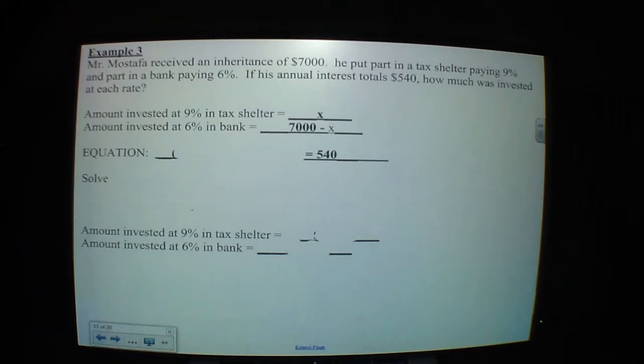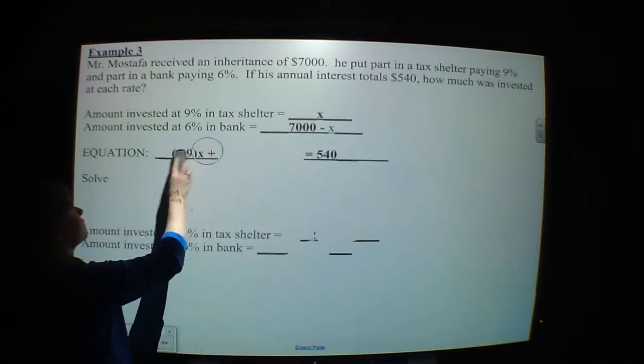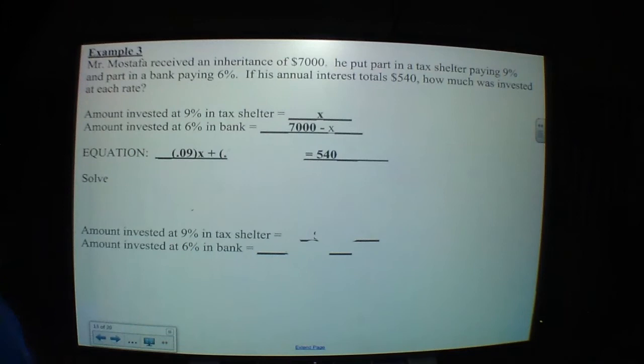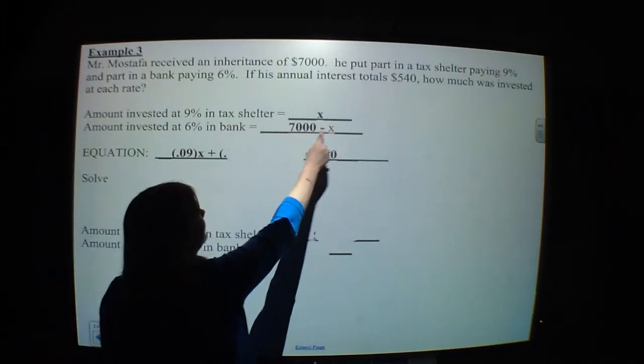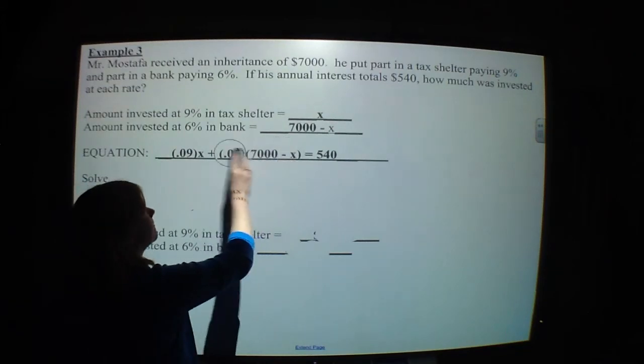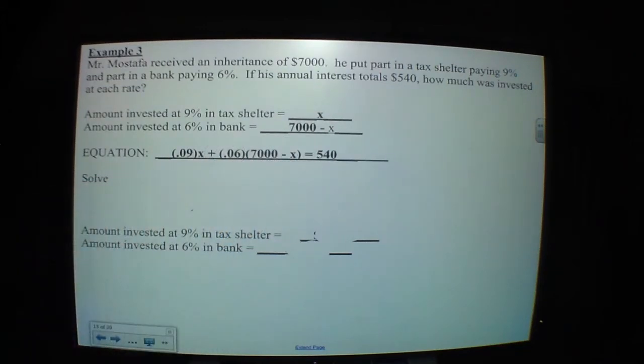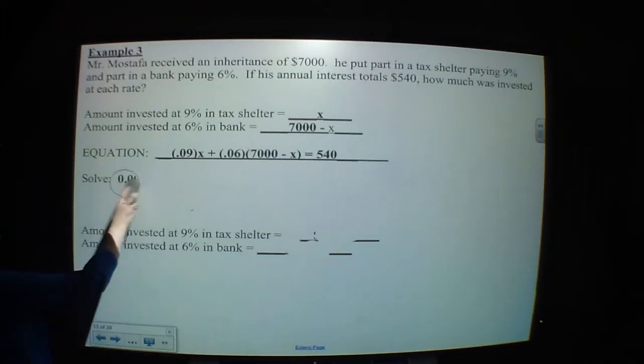And the interest from the tax shelter is 9% of what you invested. And you invested X, so 9% of X. And he had 6% for the bank, and there's what he invested in the bank, so 6% of that is what he got from interest from the bank. So there's your equation. Solve it.